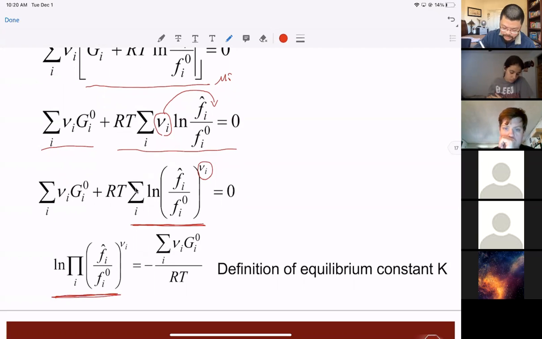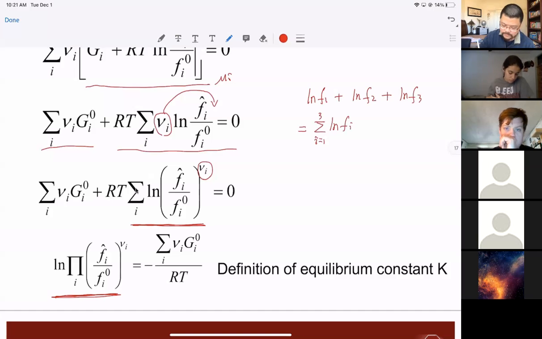I want to make sure we are happy in switching from the summation term to the product term. If you have log f1 plus log f2 plus log f3, that is the summation of log fi, let's say i is 1 to 3.